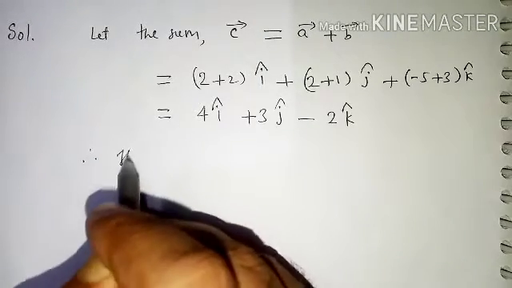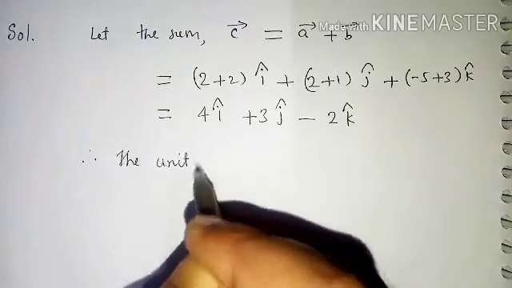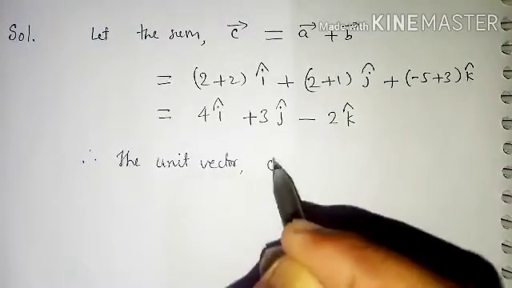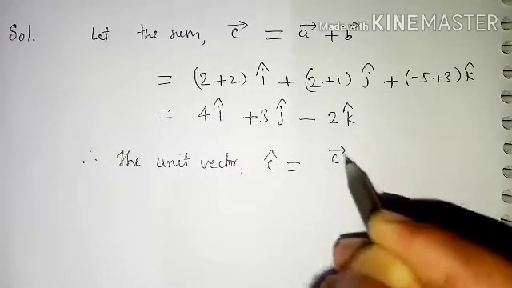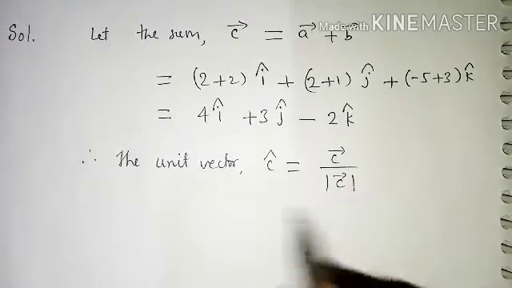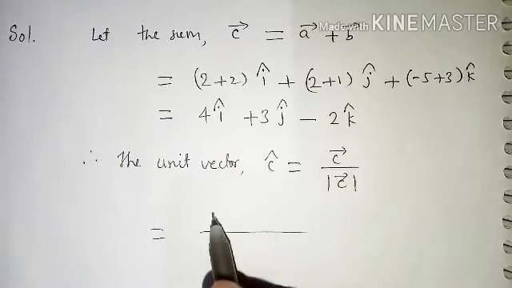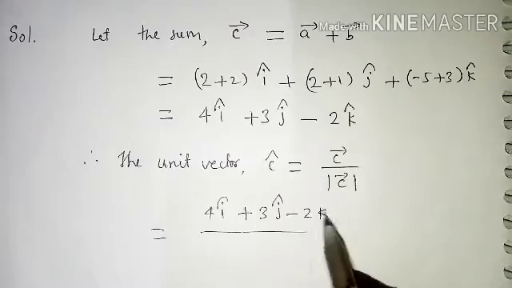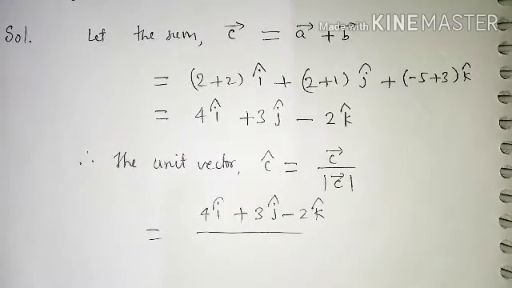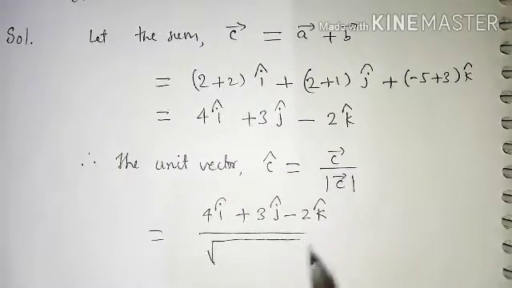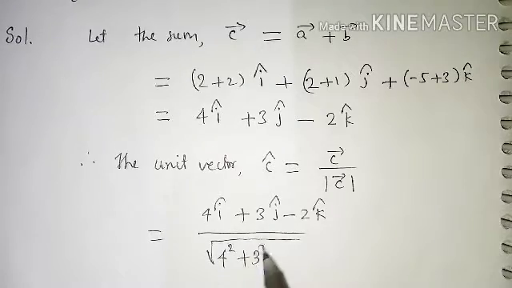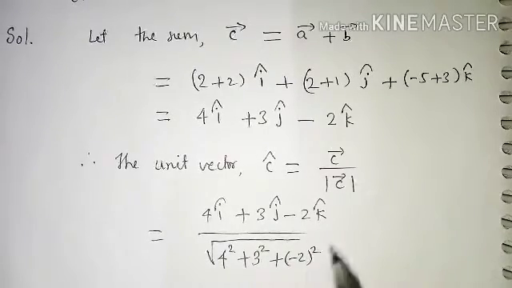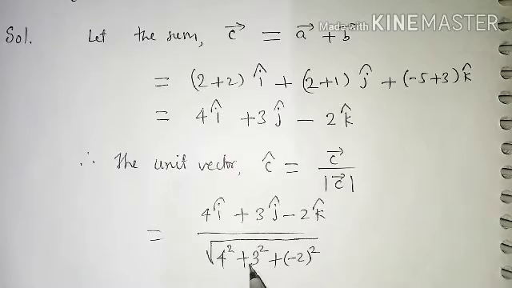Therefore, the unit vector is equal to C cap, which is equal to vector C by magnitude of vector C. Here vector C is 4i cap plus 3j cap minus 2k cap, and the magnitude of vector C is the square root of 4 square plus 3 square plus minus 2 square. 16 plus 9, 25 plus 4, 29.